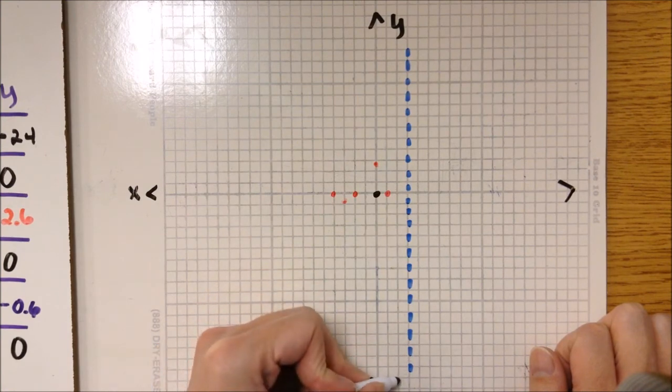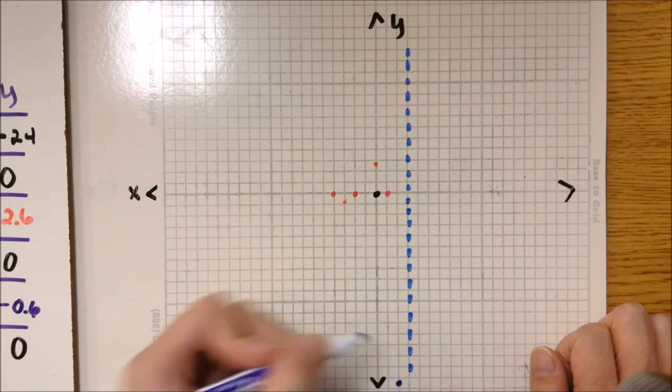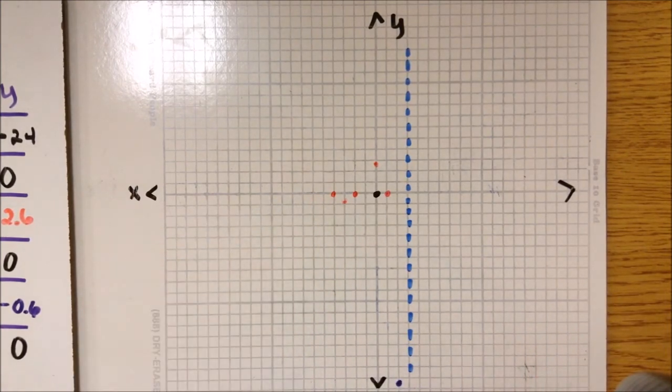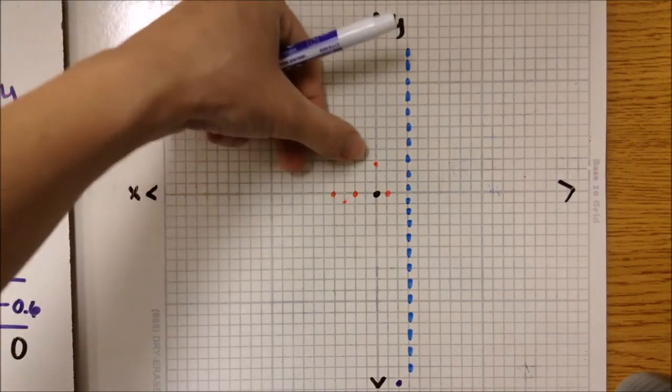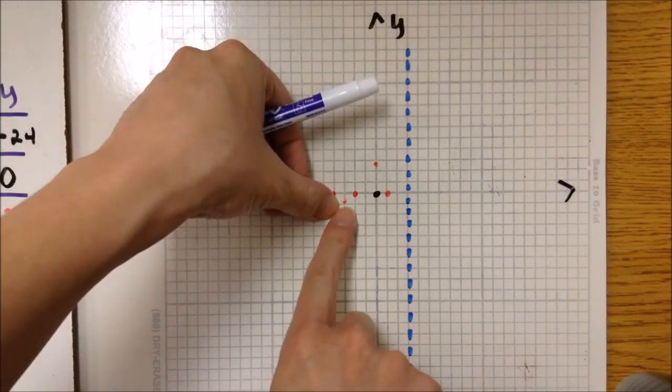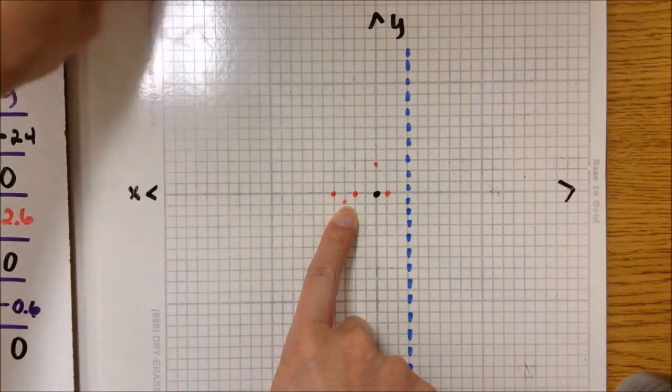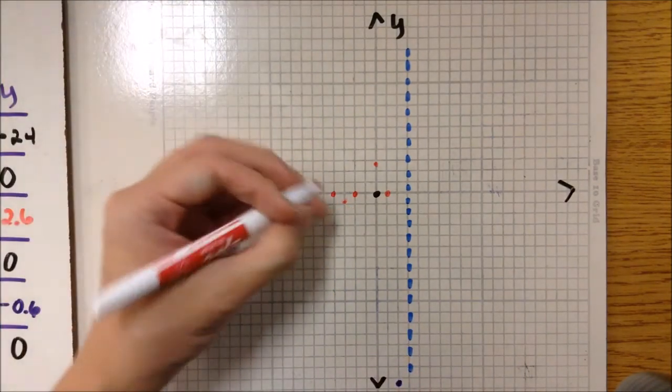So I'm just going to mark anywhere below here. So here's our x-intercepts, and then here is our y-intercept. Here's a point, negative 3, comma, negative 0.6, and we're going to graph.